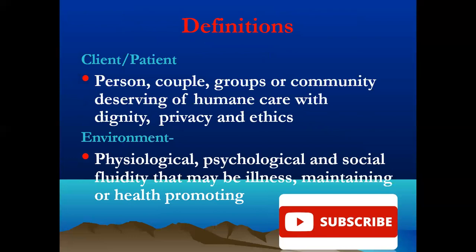We start by defining, in this context, the client or patient, who could be defined as a person, couple, group, or community that deserves humane care that should be offered to them with dignity, privacy, and ethics embedded in that care. The environment can be psychological, physiological, and social, and this is all about social fluidity that may be illness, maintaining, and of course, promoting health.